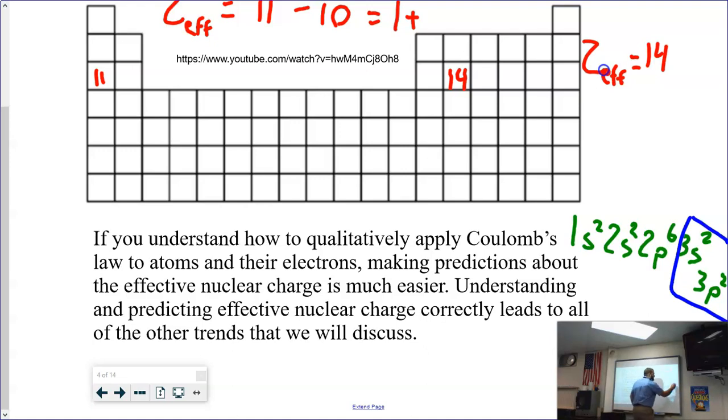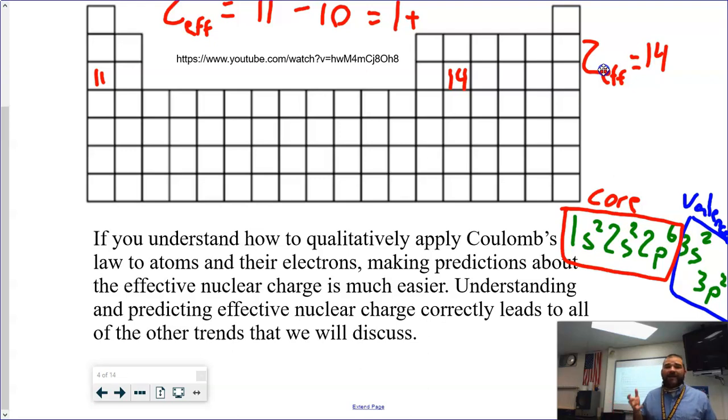We have 4 valence electrons in silicon. Sorry, I ran out of space again. These are core. So, silicon has 10 core electrons, exactly like sodium had 10 core electrons.